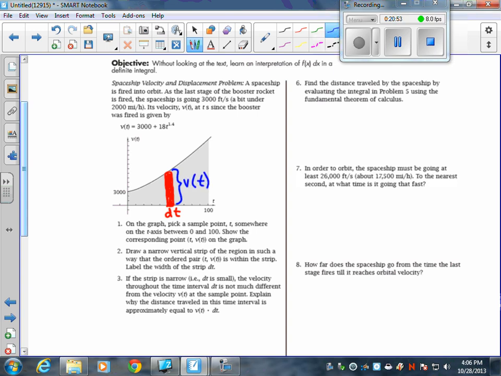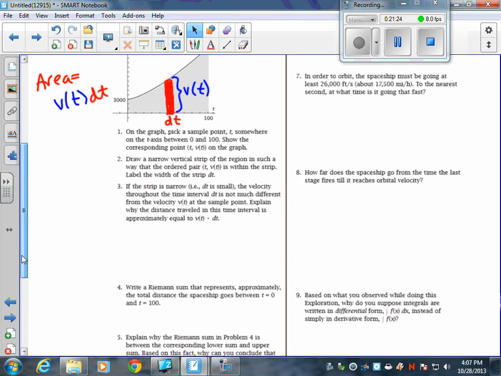So if I wanted to find the area of that little strip, that area is going to be my height, v of t, times my width, which is dt. Now that should look very familiar. We have a function times dt. So if I could add up all the rectangles and make the rectangles smaller and smaller and smaller, that would give me the area under the curve.